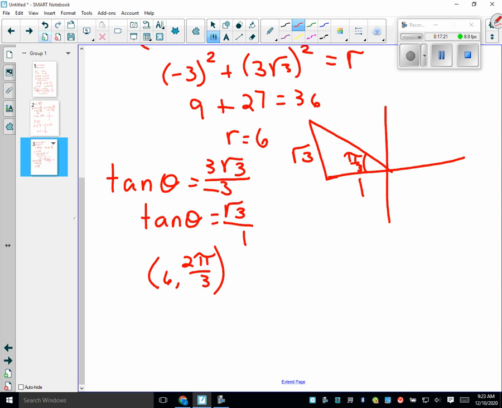If I'd put the negative here, it would have been negative. We're worried about the angle as long as we get in the right quadrant. When we work with reference, we can drop the negative, but you just have to watch the quadrant. So it'll work either way. Does that make sense?